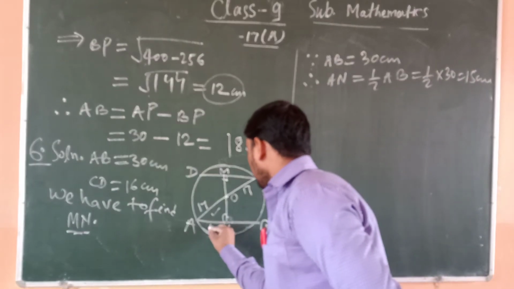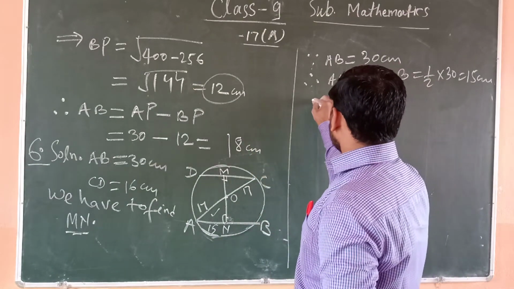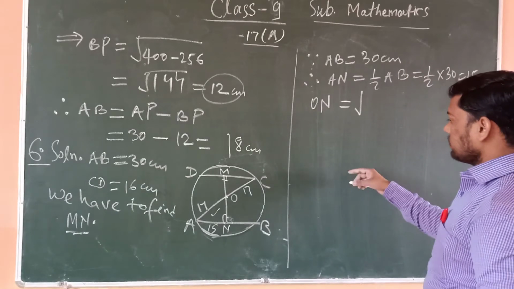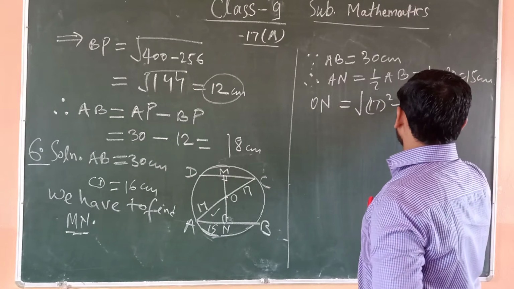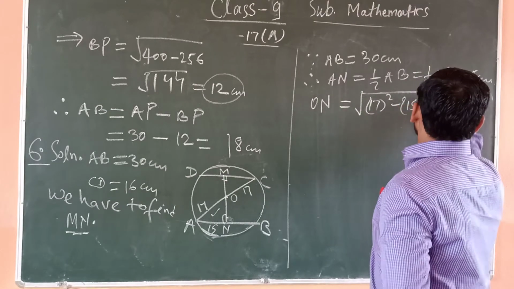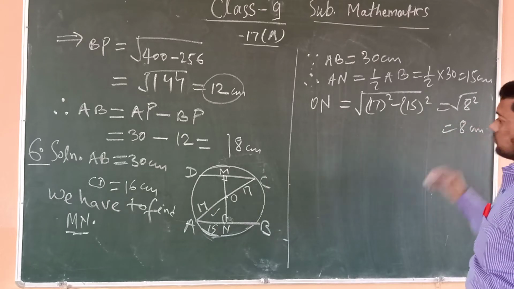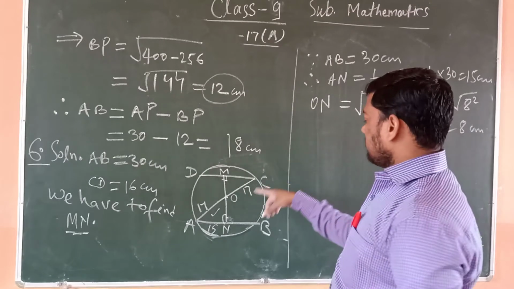Then we can find ON. Using Pythagoras theorem, ON is under root 17 square minus 15 square, under root 8 square, is equal to 8 centimeter. ON is equal to 8 centimeter.